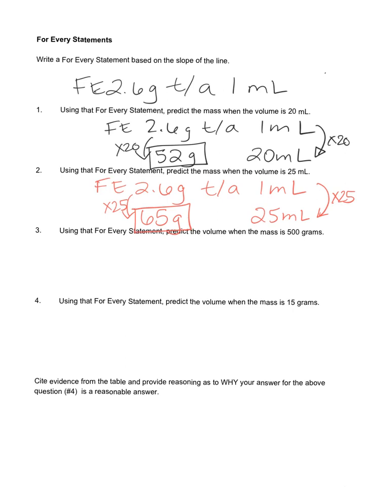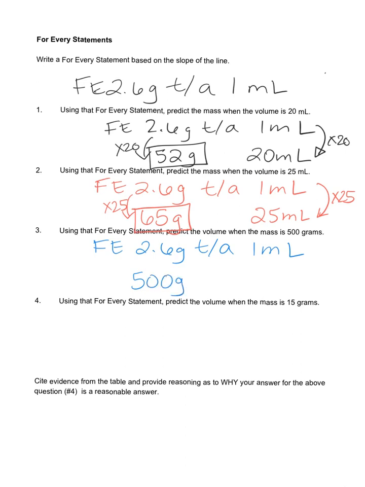For the third one now, using that for every statement, for every 2.6 grams, there is 1 milliliter. Now it says, predict the volume when the mass is 500 grams. So 500 grams lines up here.